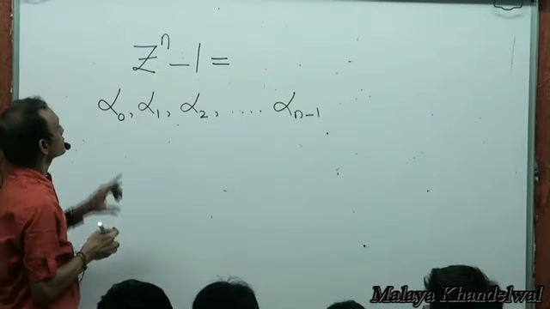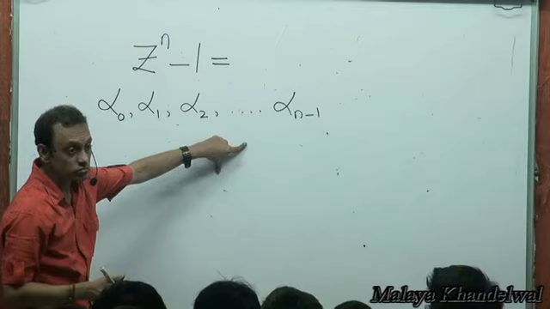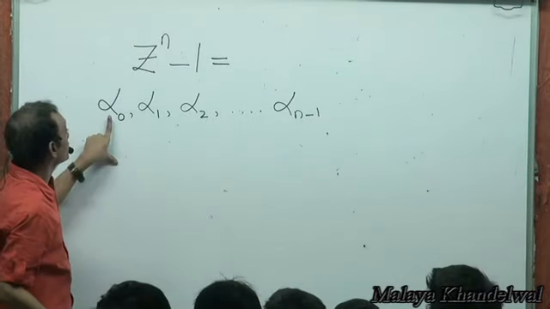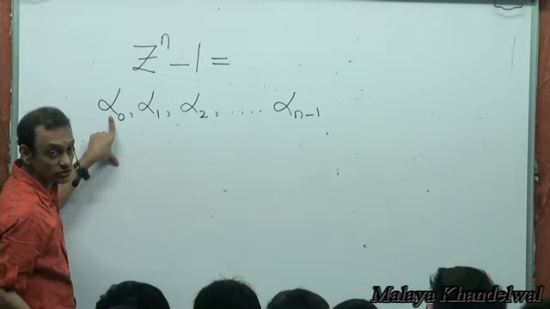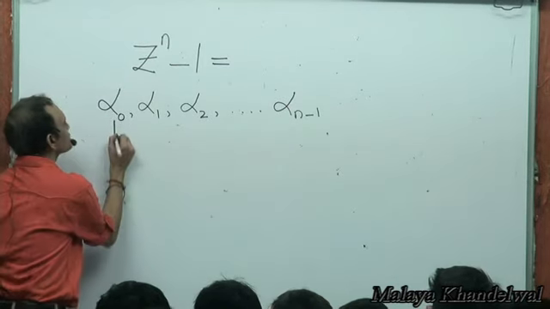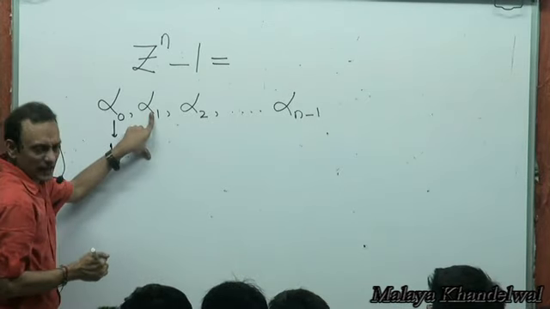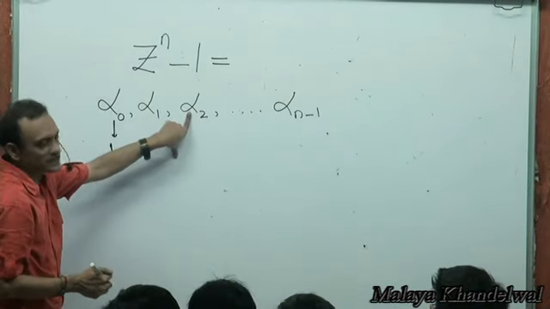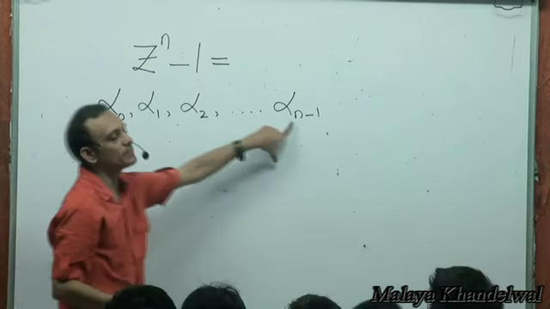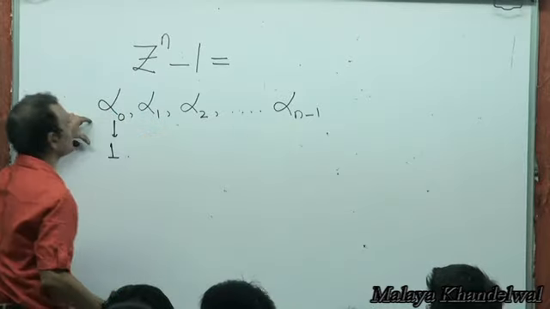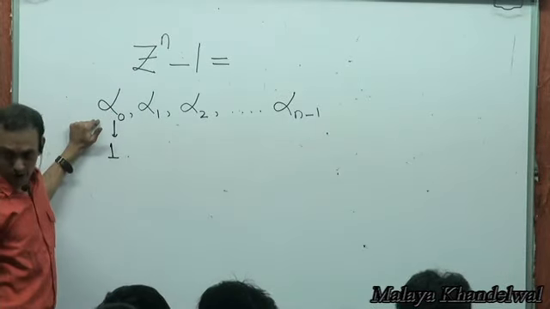Now, this has these as its roots. That means if I have to factorize this polynomial, then z minus alpha naught would be a factor, where alpha naught is 1. Alpha naught is 1, right? z minus alpha 1 will be a factor. z minus alpha 2 would be a factor of this. z minus alpha n minus 1 would be a factor of this. Where what are these? These are the n roots of unity, right?